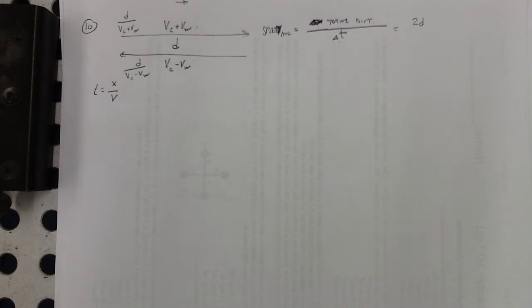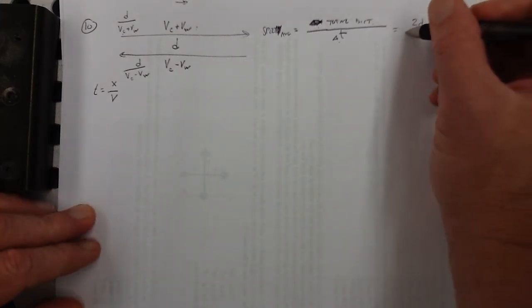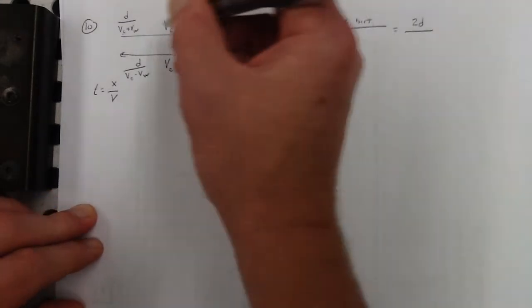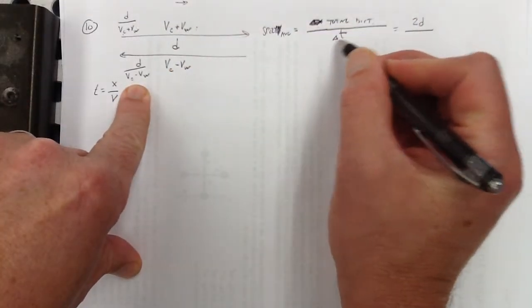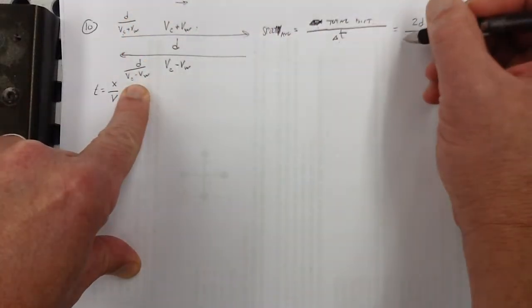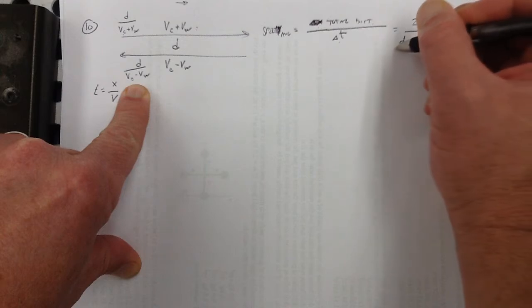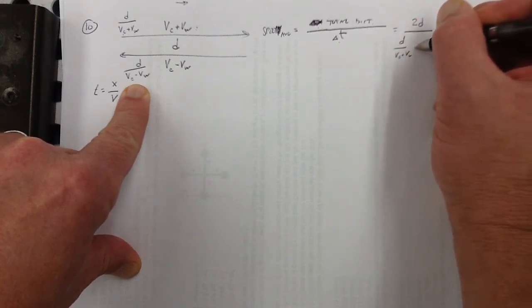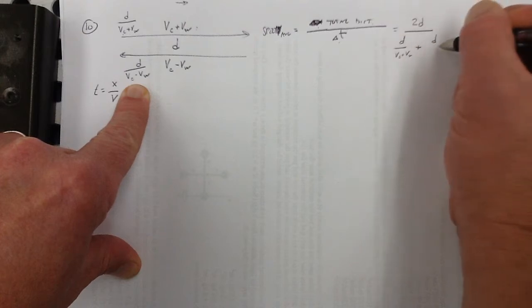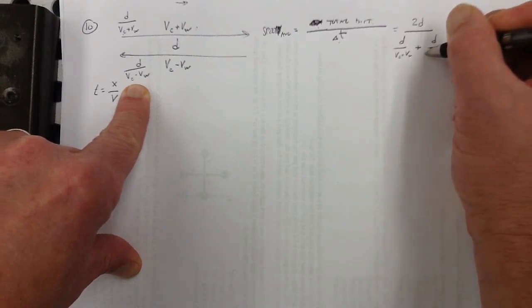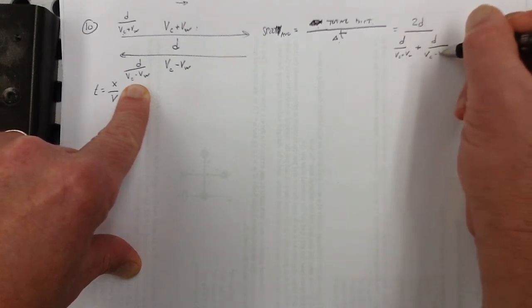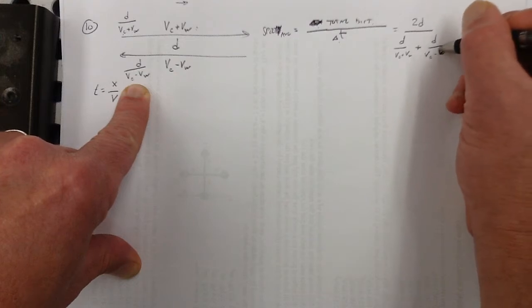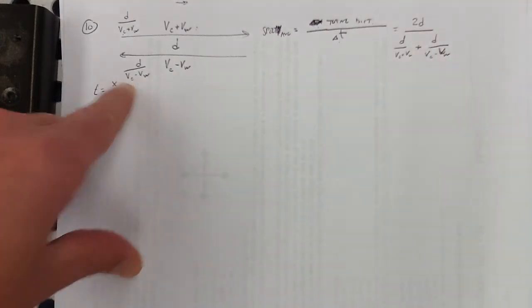And if we find that total time and add those together, that's D. There we go.